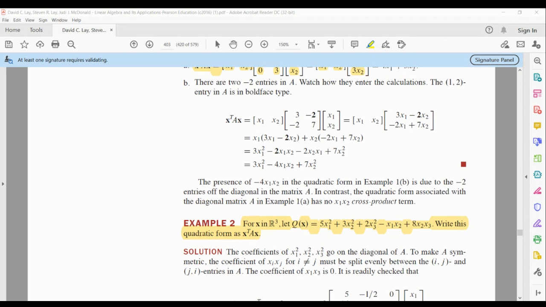How many cross product terms do there have to be? A cross product term is a term that has x1, x2, or x2, x3, or x1, x3.